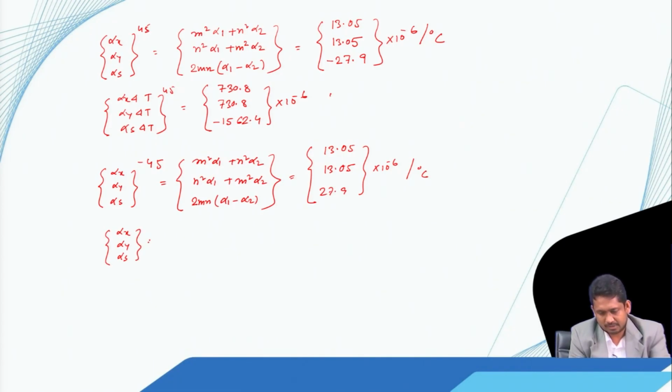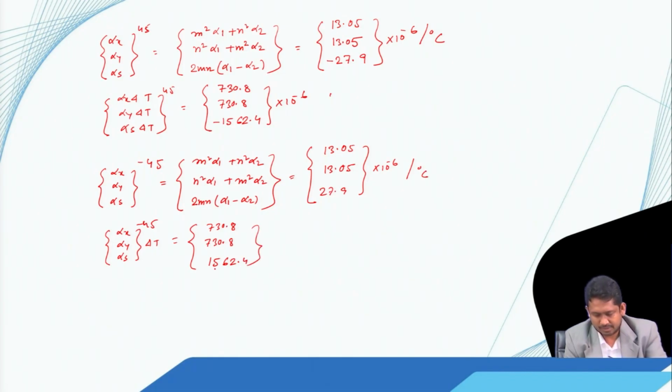And accordingly we get alpha x, alpha y, alpha s into delta T for minus 45 degree ply as 730.8, 730.8, this is plus not minus, 1562.4 into 10 to the power minus 6.